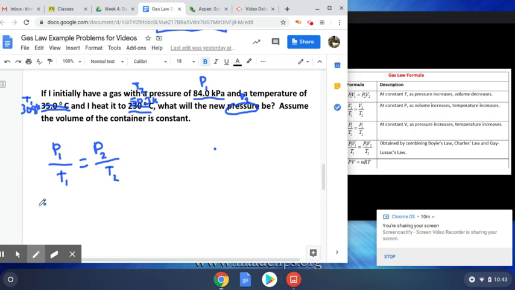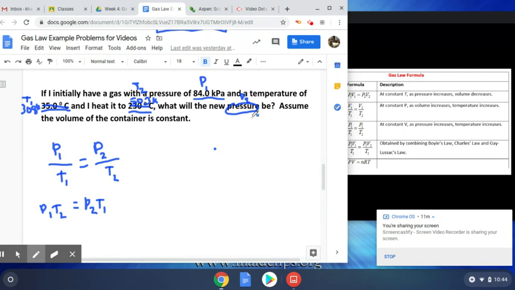So you do P1 times T2. And then P2 times T1. So now you have it all in a straight line.